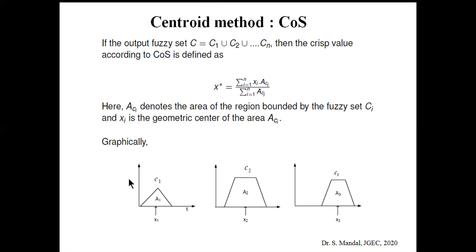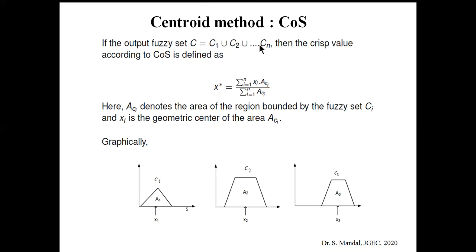So if we consider three inputs like C1, C2, and C3, and X1, X2, X3 are the different inputs. For this particular rule, the corresponding output fuzzy set can be given by C equal to C1 union C2 union Cn.